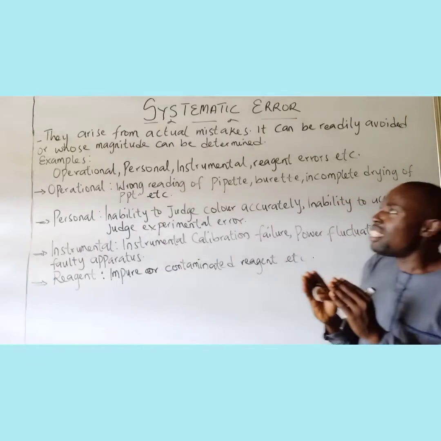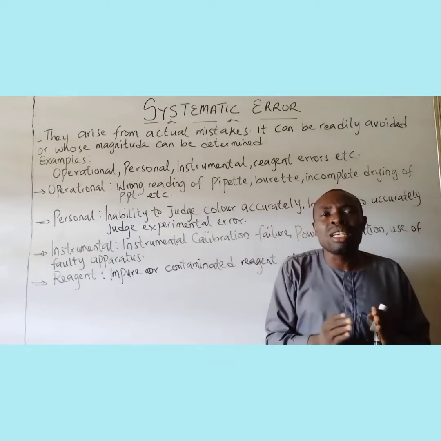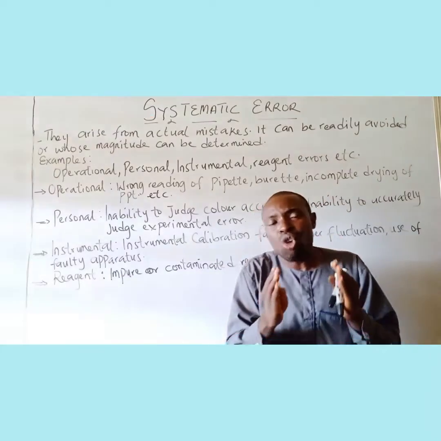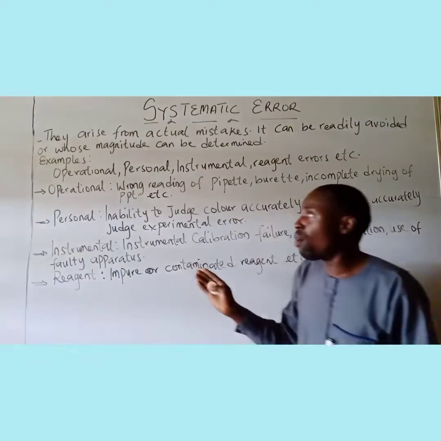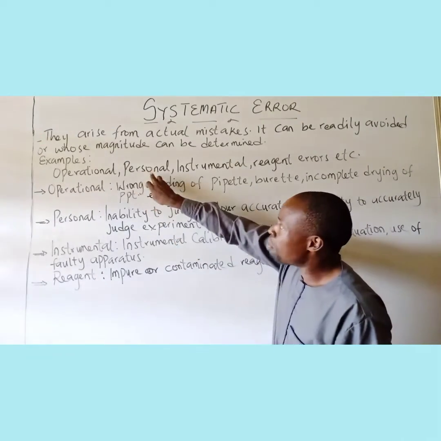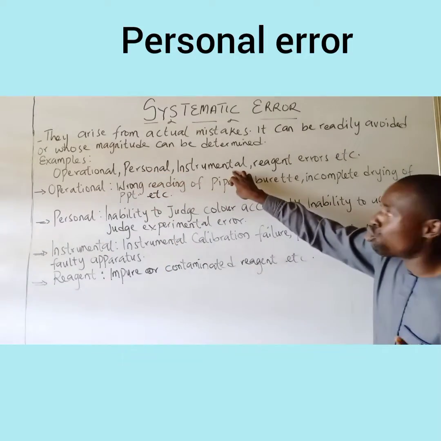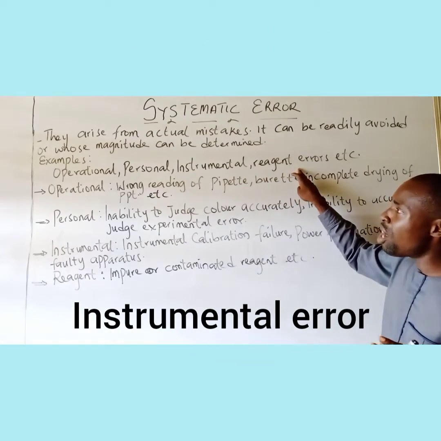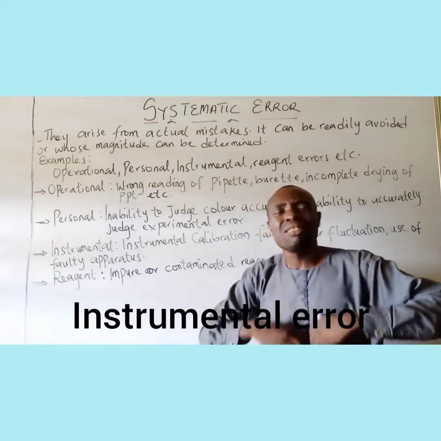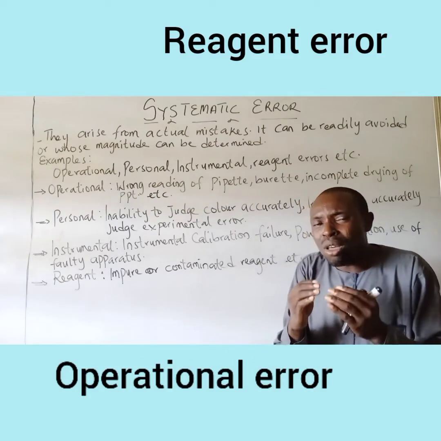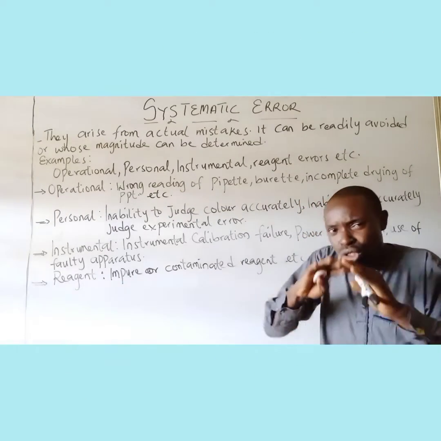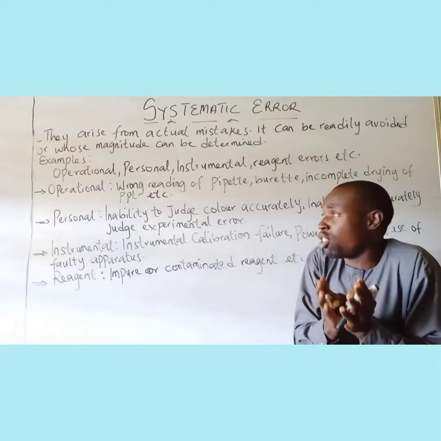Now, again, the examples under systematic error or determinate error are as follows. One, the personal error, the instrumental error, reagent error, operational error, and so on and so forth. In each of these examples, we'll talk about sub-divisions of each of them.